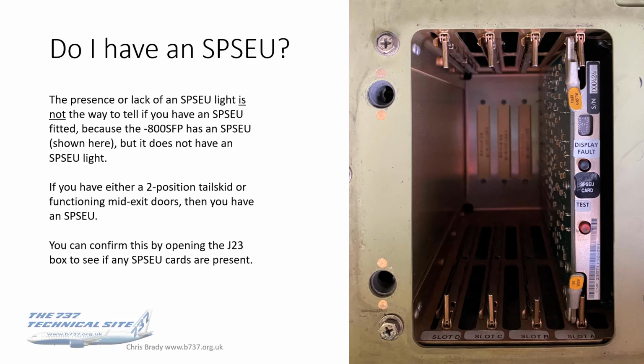The reason is that the 800 SFP has got an SPSEU, and you can see it there because I took this photo from an 800 SFP, but it doesn't have an SPSEU light. If you've got either a two-position tailskid or functioning mid-exit doors, then you've got an SPSEU. That's really the bottom line. And you can confirm this, if you really want to, by opening the J23 box to see if any SPSEU cards are present. There you go. Hope that's cleared it up.